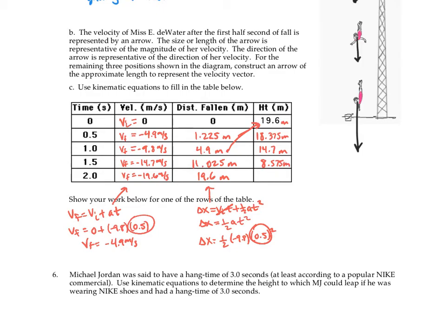And then after 2 seconds, it has fallen 19.6 meters. It started 19.6 meters high, so after 2 seconds, it has reached the ground at a height of 0 meters. So this is just some good practice to keep using our equations over and over to fill in these values.